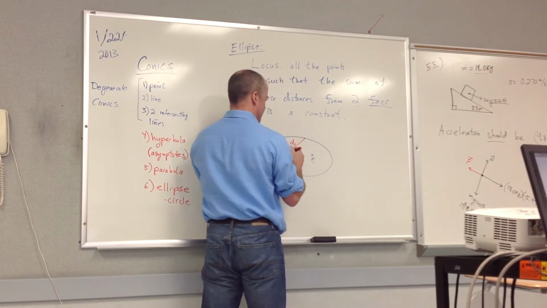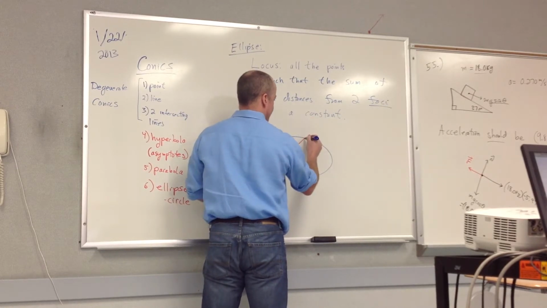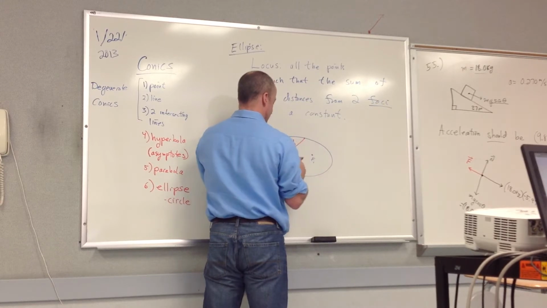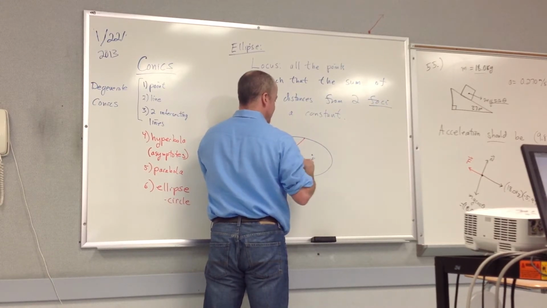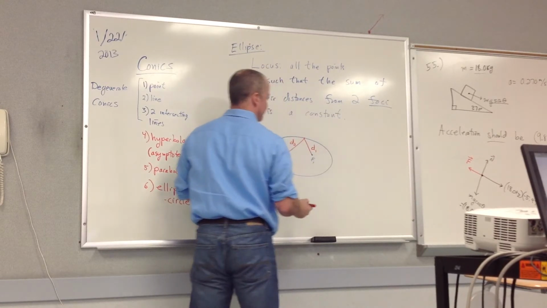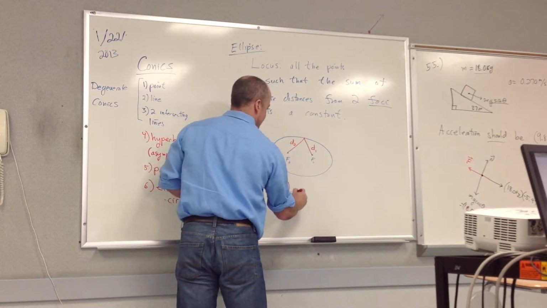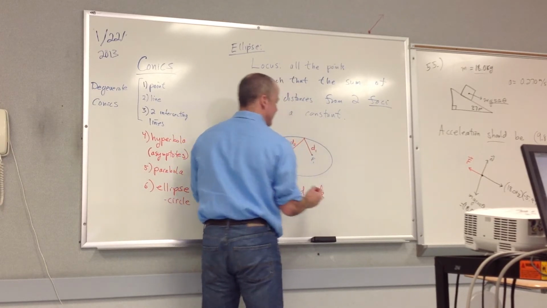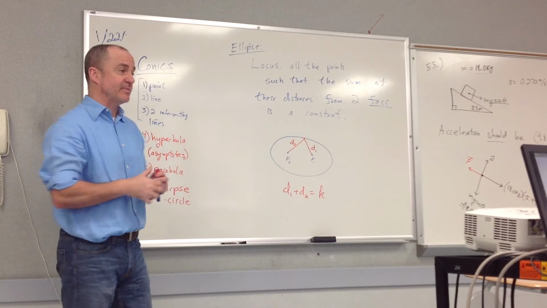I'll call that distance 2. Is that an ellipse, right? Not a circle. Correct, this is an ellipse. From that same point, we have a distance to focus 1. Distance 1 plus distance 2 is the same constant number for each ellipse. That's their definition.